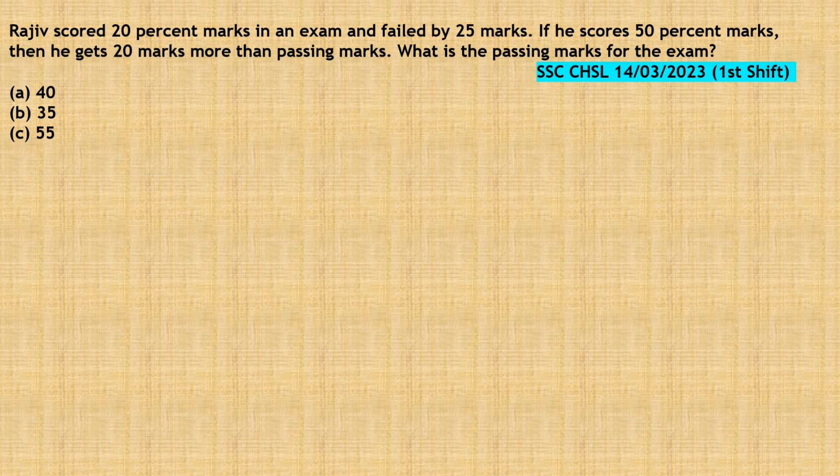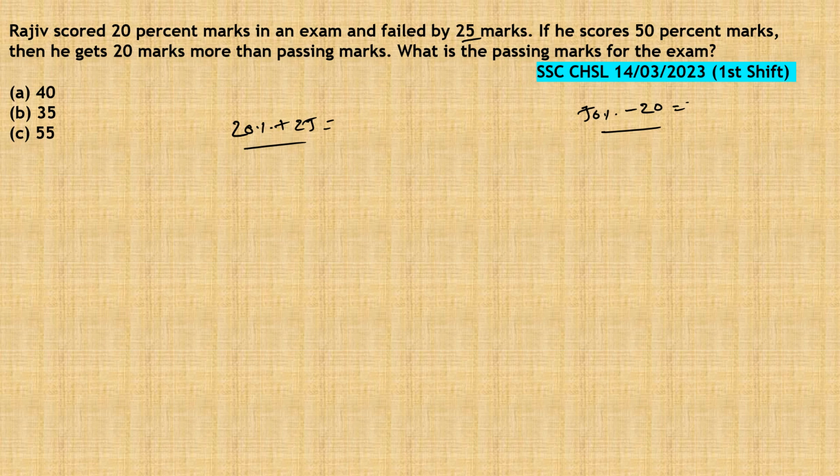Raju scored 20% marks in an exam and failed by 20 marks. If he had scored 25 marks more, then he would have passed. So 20% plus 25 denotes the passing marks. If he had scored 50% of the marks, he would get 20 marks more than the passing marks. If we deduct 20 marks from 50%, we'll get the passing marks. Both denote the passing marks.